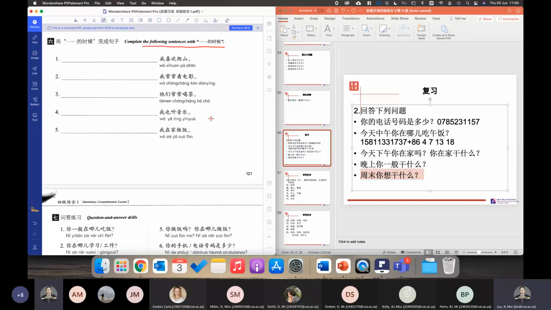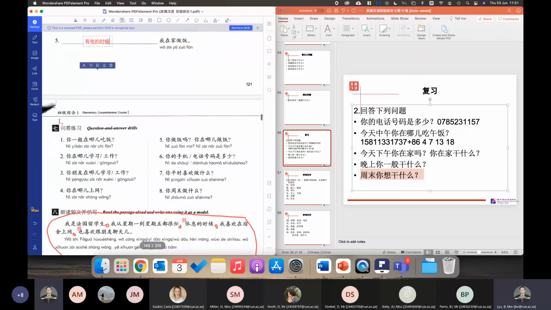We learned everything. 有电子的时候，我在家做饭。 Very good. 电子 is the electron itself. 有电 is electricity in general. 有电的时候，我在家做饭。 Okay.